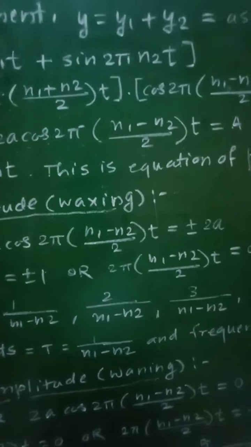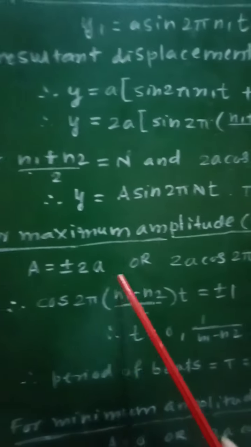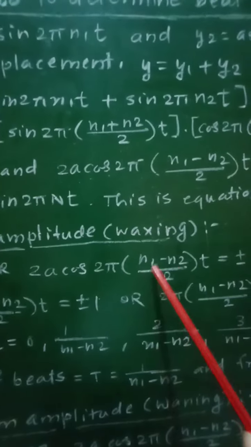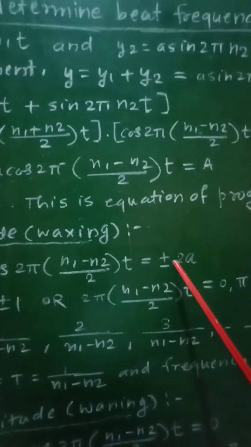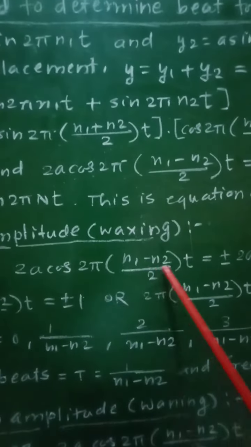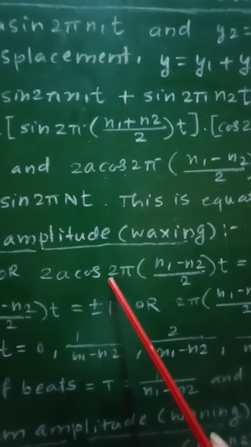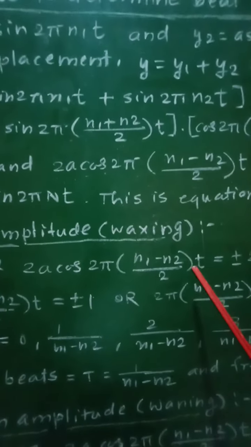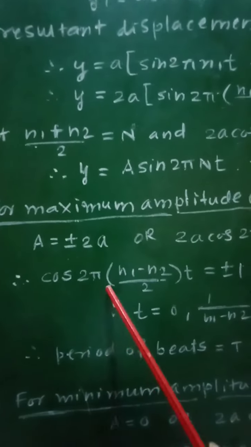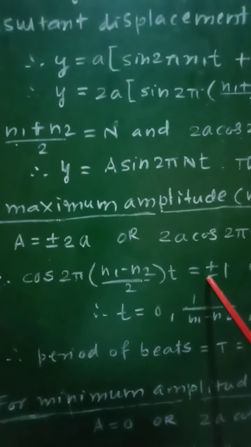So 2a cos 2 pi (n1 minus n2)/2 into t must be equal to plus or minus 2a. This happens only when cos of this angle, cos 2 pi (n1 minus n2)/2 into t, is equal to plus or minus 1.